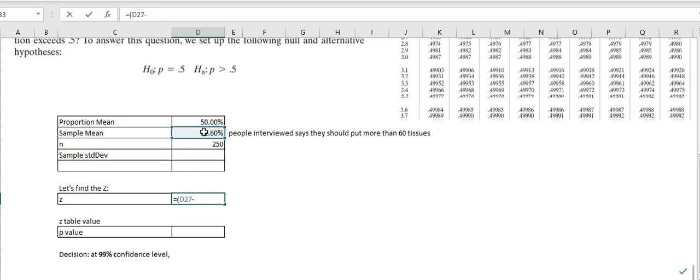This one, the sample proportion less than 50%, over the square root of the sample proportion multiplied by 1 minus the sample proportion again, over the total samples. So there, 3.77. That's the z value.